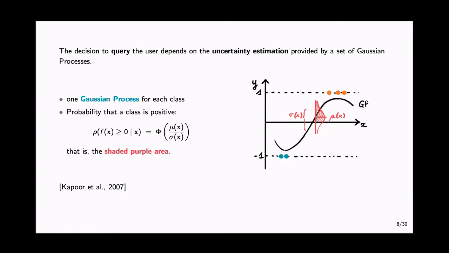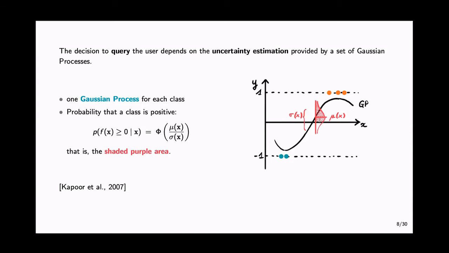The intuition is the following. If the mean value is near 1, it means that the instance belongs to that class with high probability, or if sigma is also small, it means that the instance belongs with high probability to the positive class. So the probability is given by these shaded purple areas.